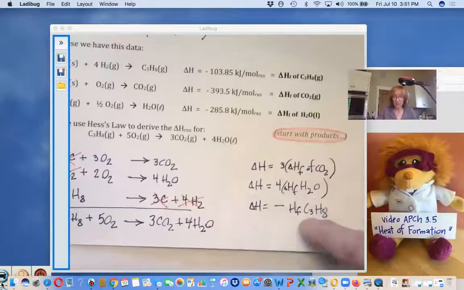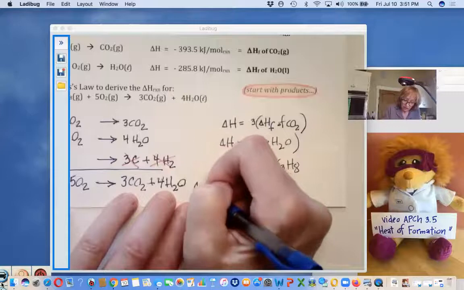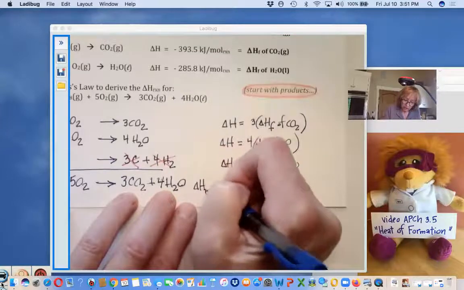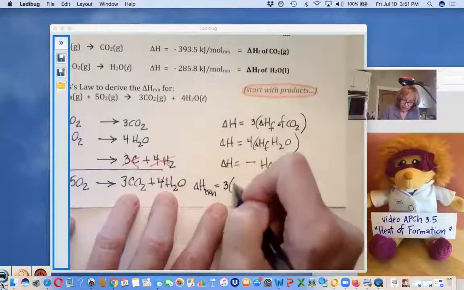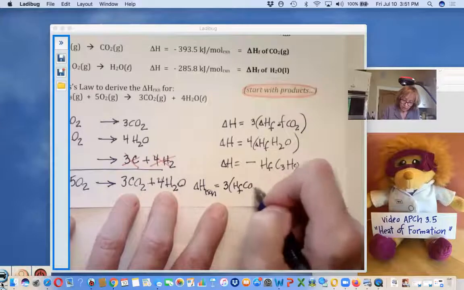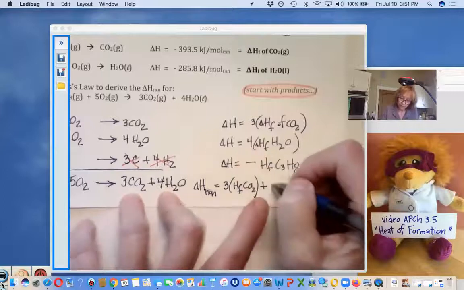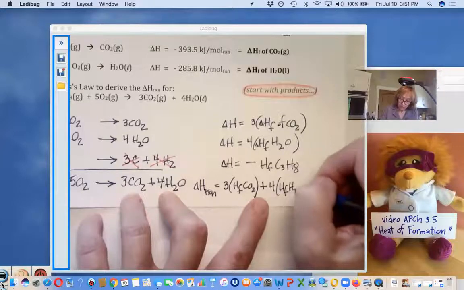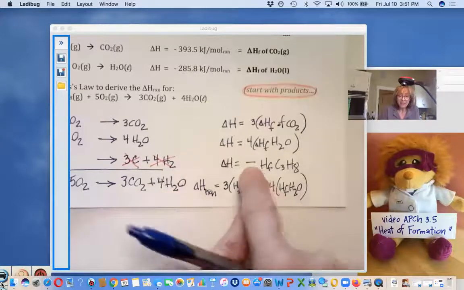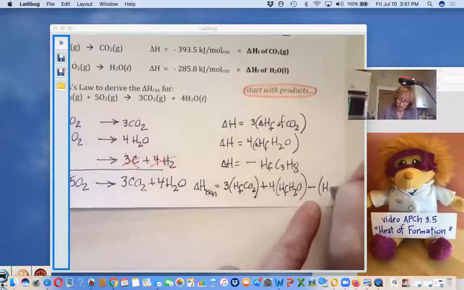sum of these. Okay, so what I'm saying is the delta H for this reaction is equal to 3 times the heat of formation of CO2 plus 4 times the heat of formation of water minus the heat of formation of propane.